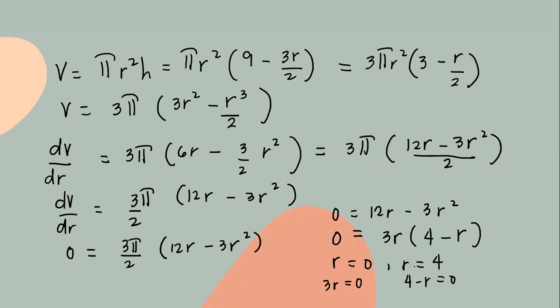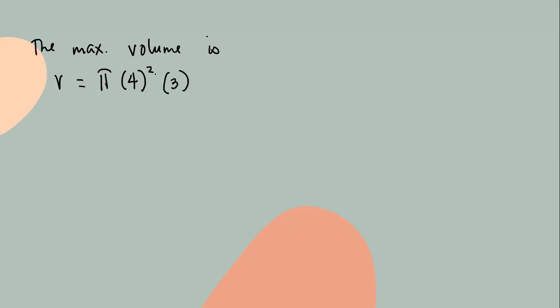Now, the maximum volume is V is equal to pi. We use r squared as 4 squared times 3, because our h is 3. What would be the value of your volume?